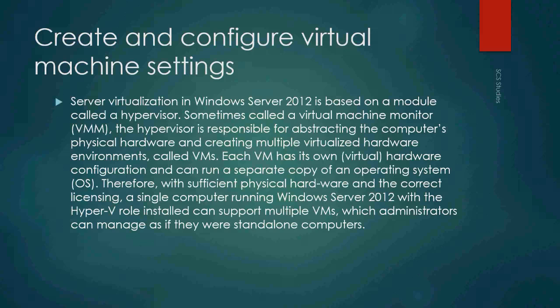Therefore, with significant physical hardware and the correct licensing, a single computer running Windows Server 2012 with the Hyper-V role installed can support multiple virtual machines, which administrators can manage as if they were standalone computers. So these are the benefits.